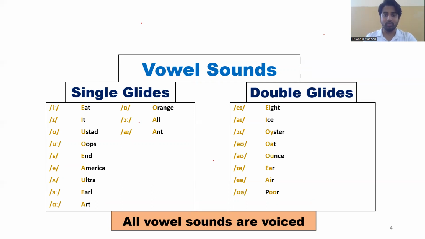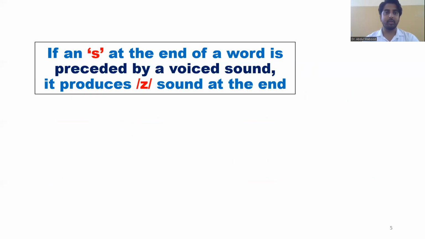Now see the rules which you have to apply when you pronounce words ending in s. The first rule here: if an s at the end of a word is preceded by a voiced sound, it produces z sound at the end. For example, let's see here.